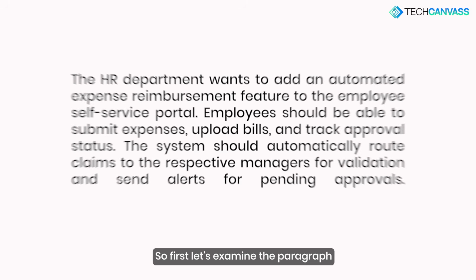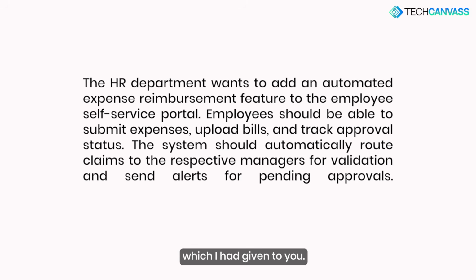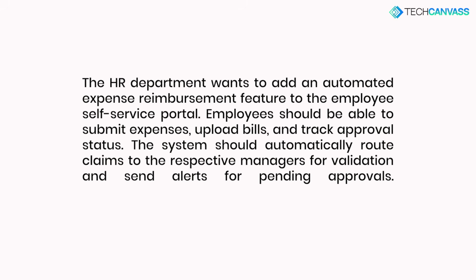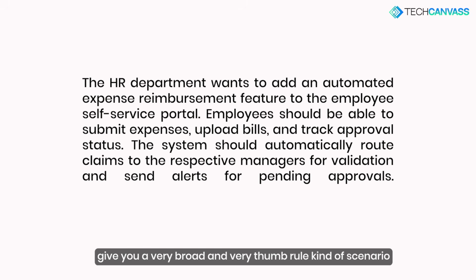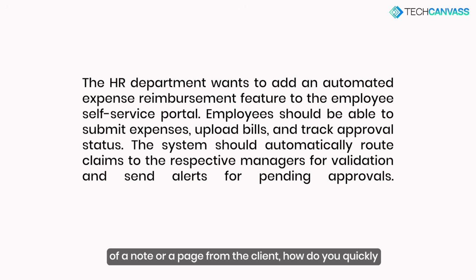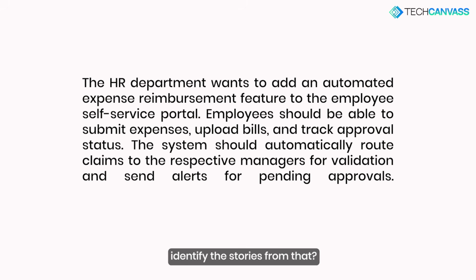So first, let's examine the paragraph which I had given to you, as you can see on the screen now. Now, this paragraph clearly tells at a very high level what is supposed to be done. I'll just give you a very broad and a very thumb rule kind of a scenario that if you are giving some kind of a note or a page from the client, how do you quickly identify the stories from there?